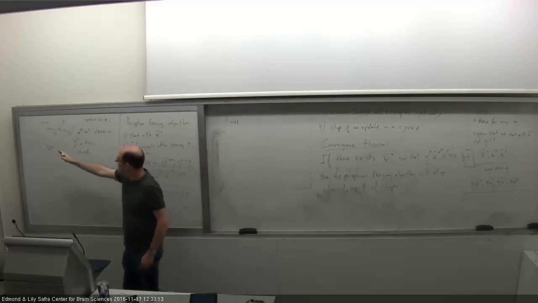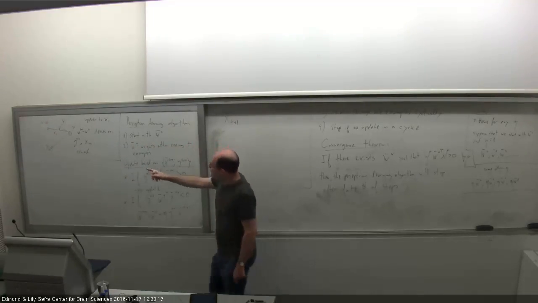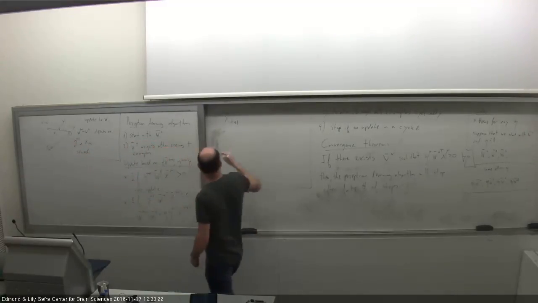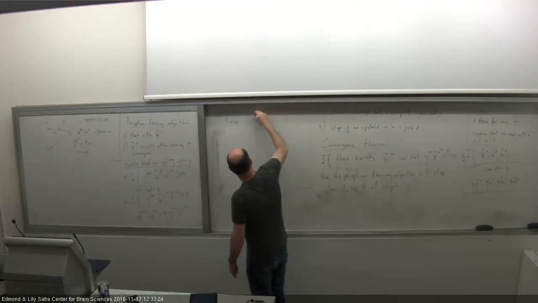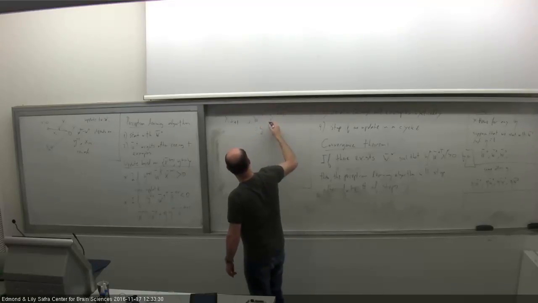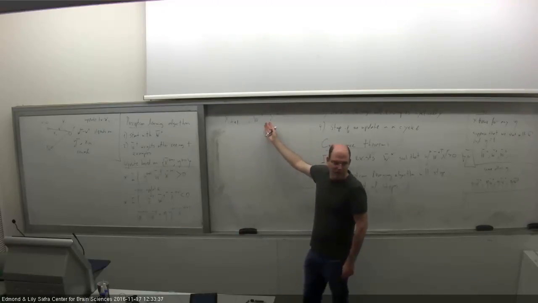So this is fine. And it depends on the activity of this unit at this step. The activity of this unit at this step would be Wt transpose times xt plus 1. This is the y that is generated by the network based on this example.